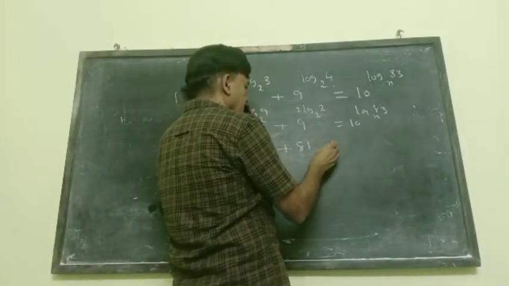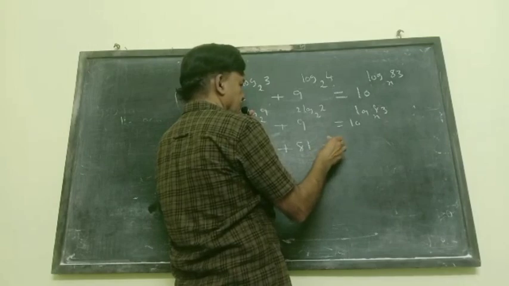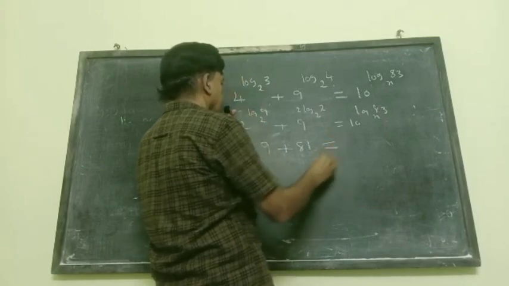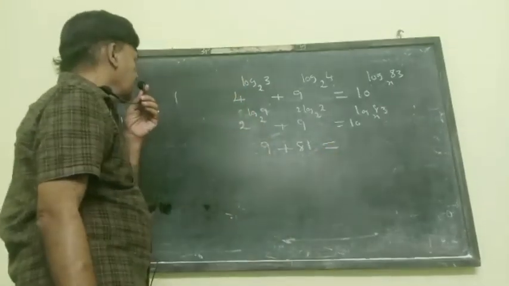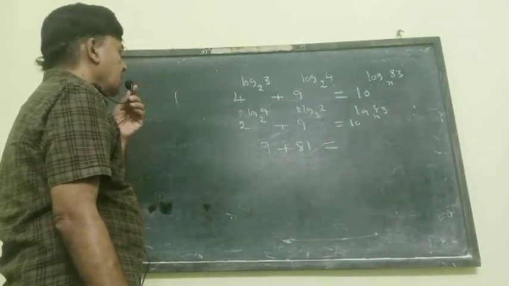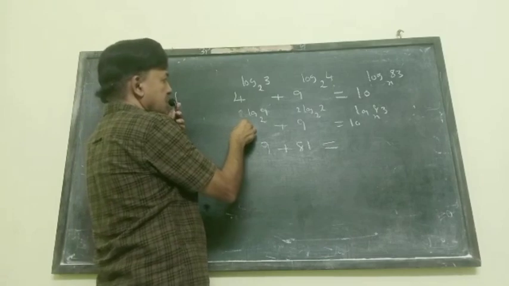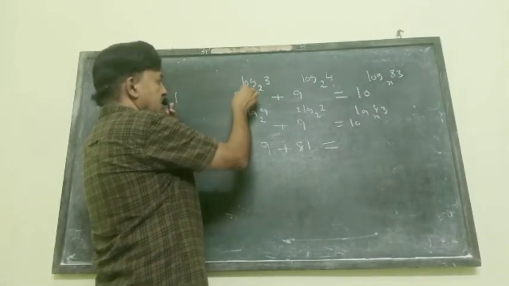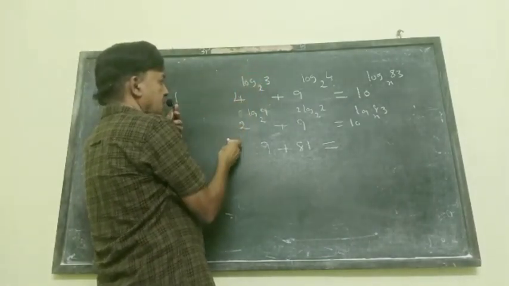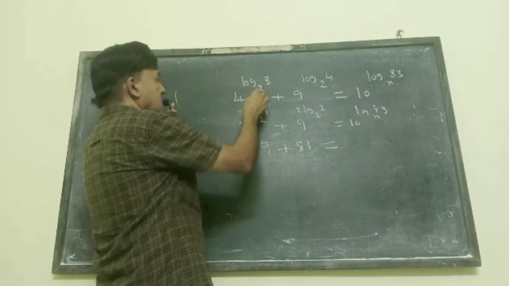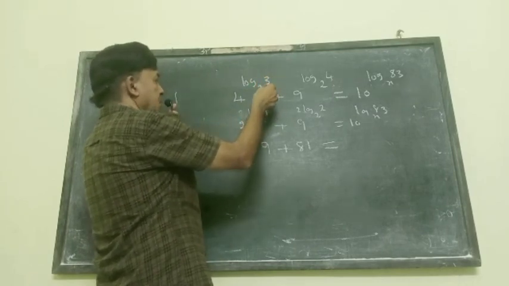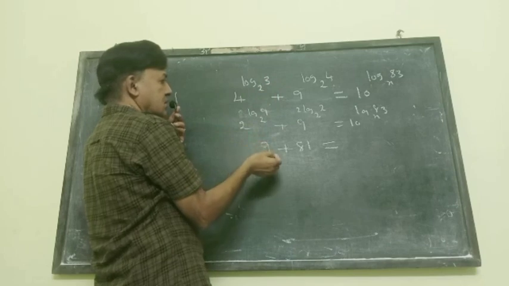Is equal to, see, this is 2 square. So you are going to get 2 to the power of 2 log 3 square.